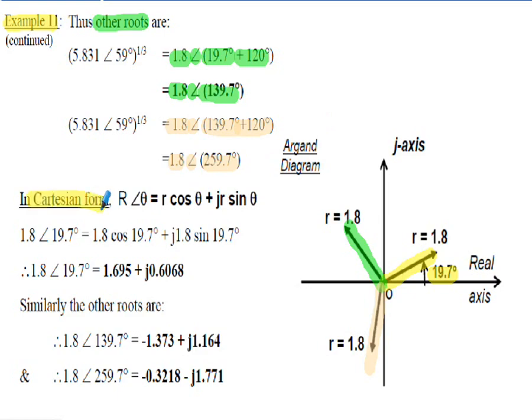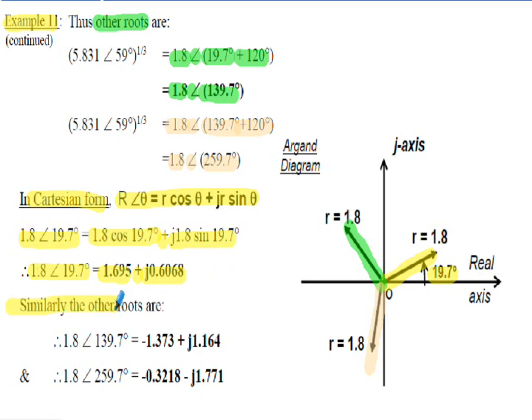Now we convert into Cartesian form using the equation shown on the previous slide. So 1.8 argument 19.7 degrees in Cartesian form will be 1.8 cos of 19.7 degrees plus j 1.8 sine of 19.7 degrees. Therefore 1.8 argument 19.7 degrees is equal to 1.695 plus j 0.6068 in Cartesian form.